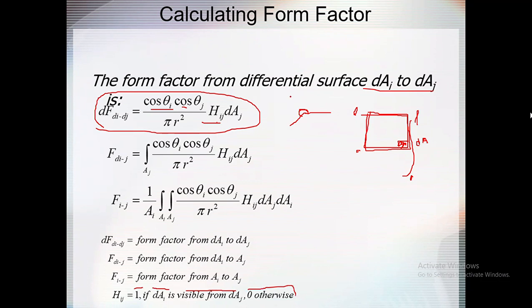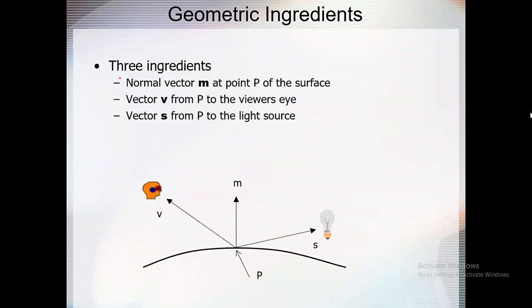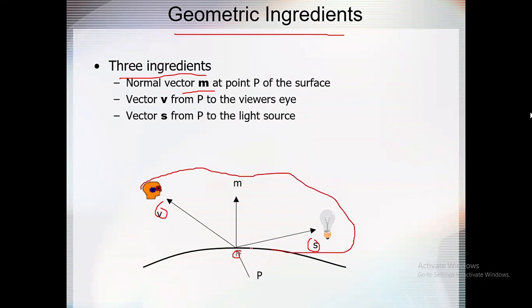So with that, we can easily calculate the whole equation. And now come the 3 ingredients. The geometric ingredients are the normal vector, which we have already talked about, and this is the view, this is the light source, and this is our point. So we need to consider all 3 ingredients.